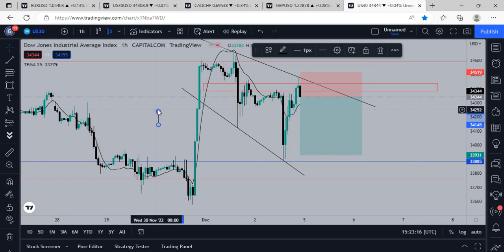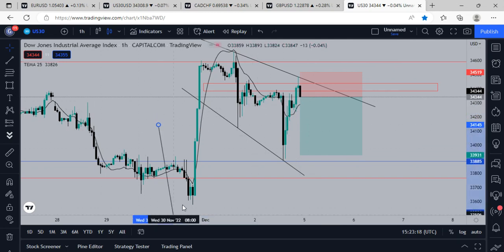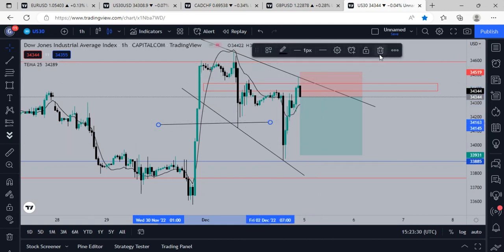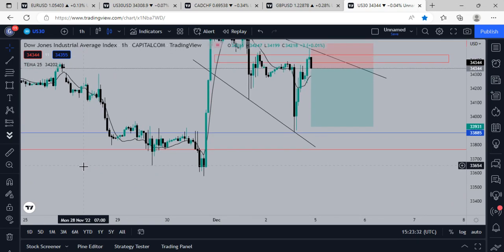And what I'm predicting is we will take profit in this area, and after that continue for another buying position on US 30. Okay, that is what I'm looking for.